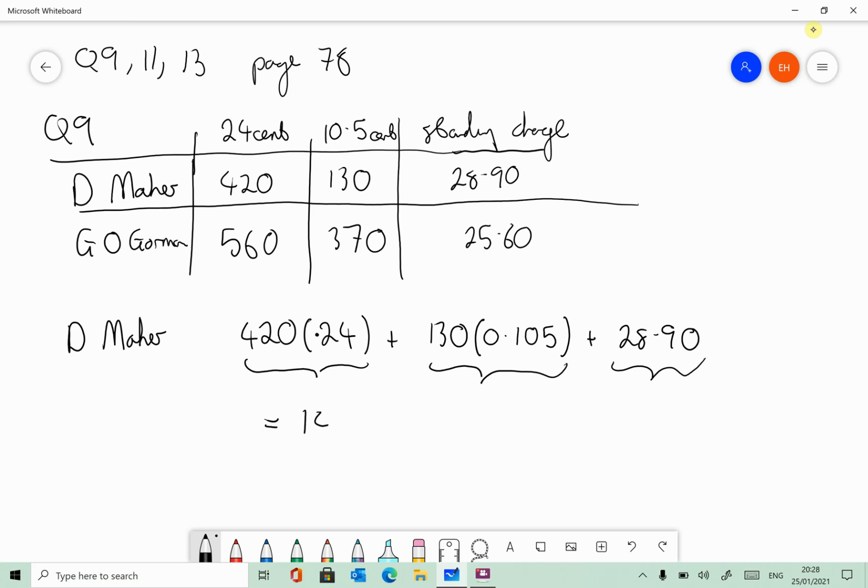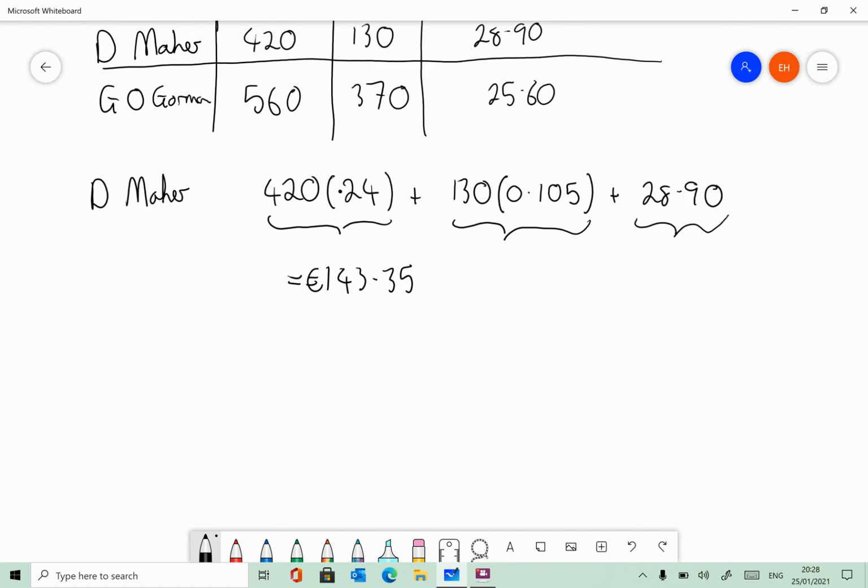So this guy will have to pay €143.35 for his electricity. Is it for a month? I think electricity bills tend to be every 2 months, but it doesn't say, so that's not important. Based on the facts we were given, this guy will have to hand over 143.35.